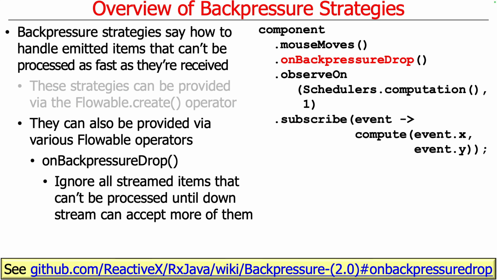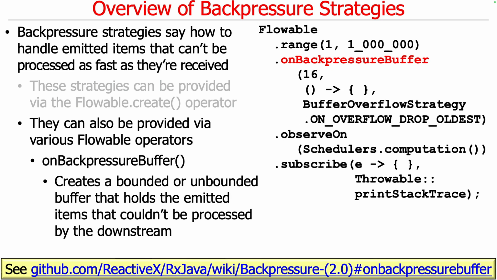So you can use onBackpressureDrop. You don't have to use create. You can use this in any Flowable stream. In this particular case, notice how we're going to apply the back pressure, and then this will run in a computation thread, and that will do some movement of the mouse on the screen.